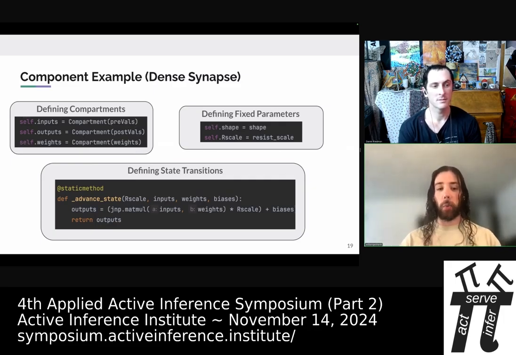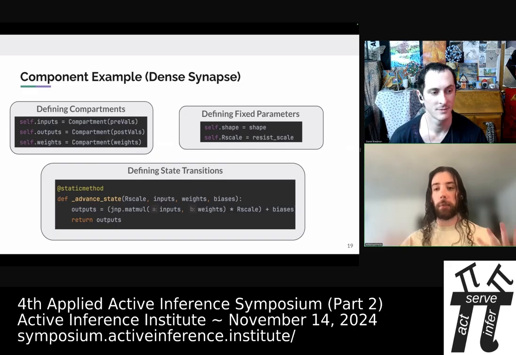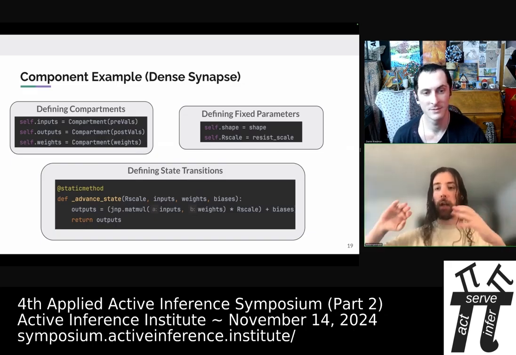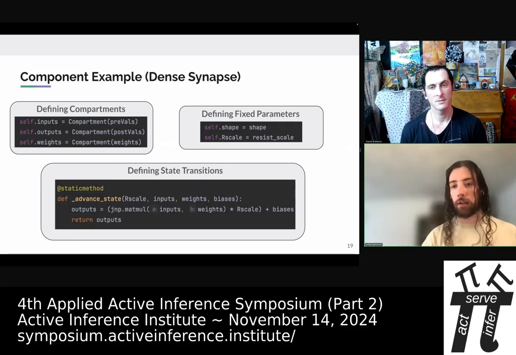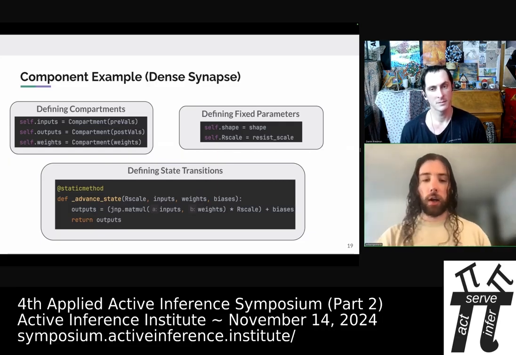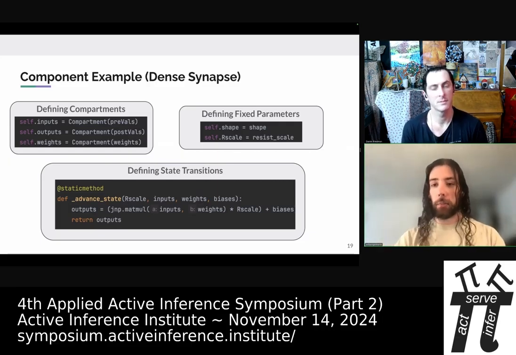But the way to define your compartments and your fixed parameters, and then write transition functions that can pull them into itself and do the operation, getting that workflow down so that if you want to build a new component, it doesn't take very long, was a challenge. That was probably the most challenging part.